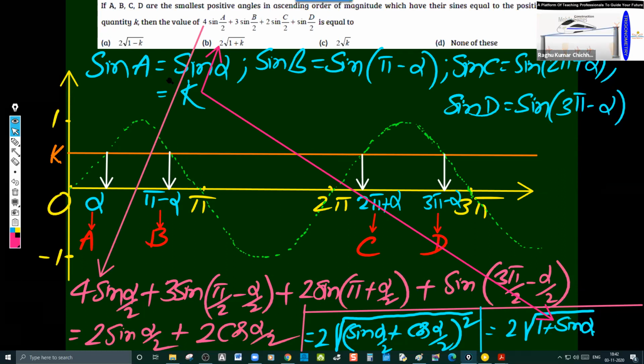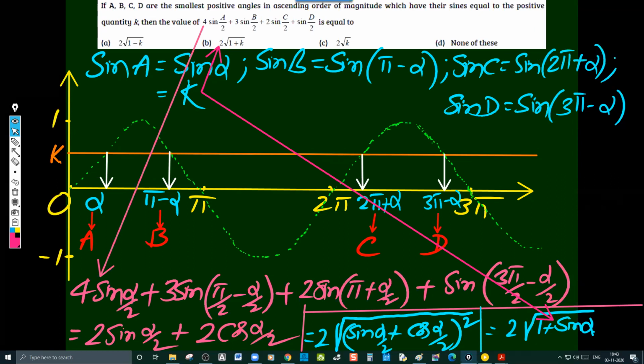I took it as alpha. This is pi minus alpha. This is 2 pi plus alpha. This is 3 pi minus alpha. Because in the question they are given as A, B, C, D. Then my question is, if you proceed with the graph like that, do you have A, B, C, D only, or will you have E, F, G, H, I, J, K, L, M, N also? You will be having more. More, no? Yes, sir. You will have more.